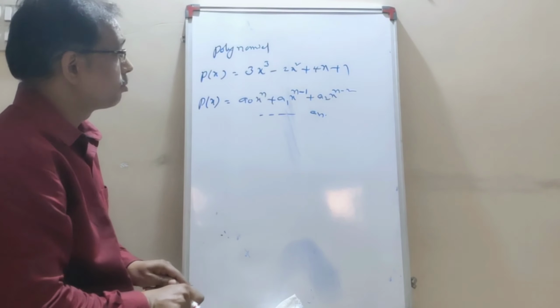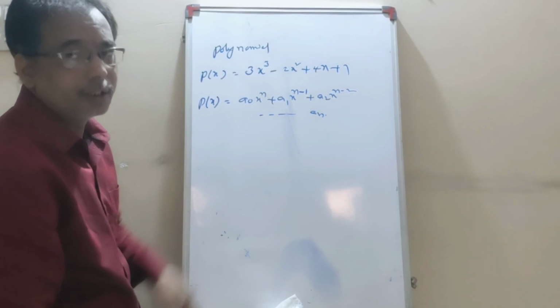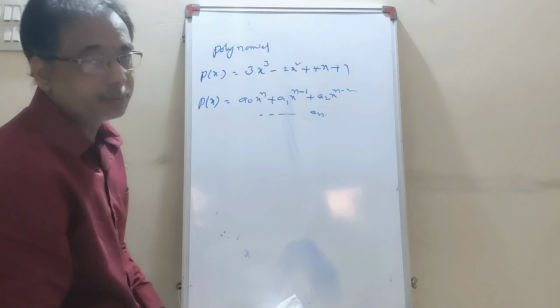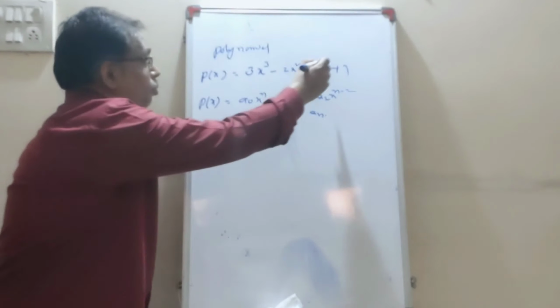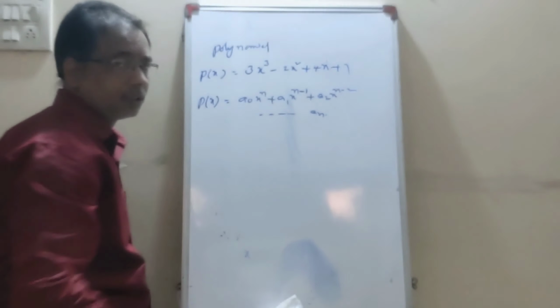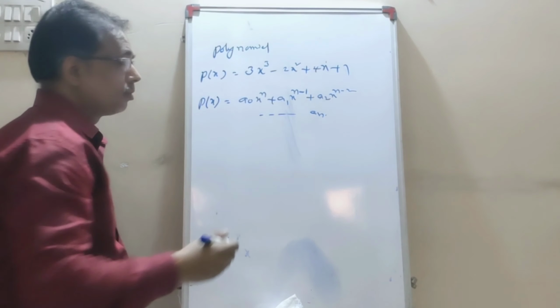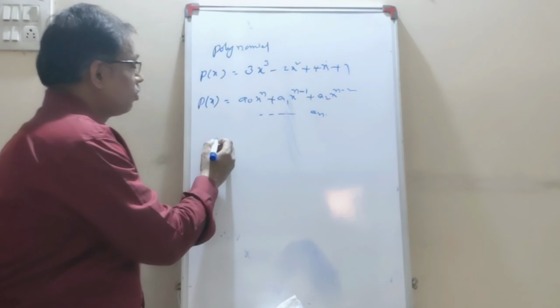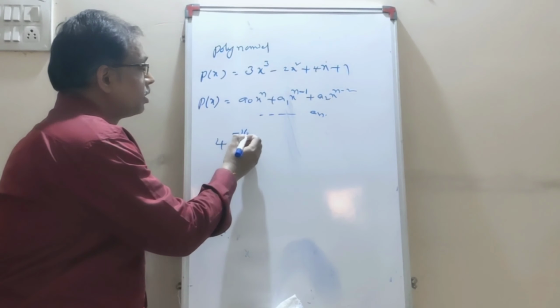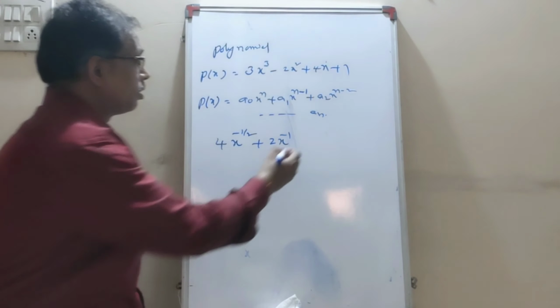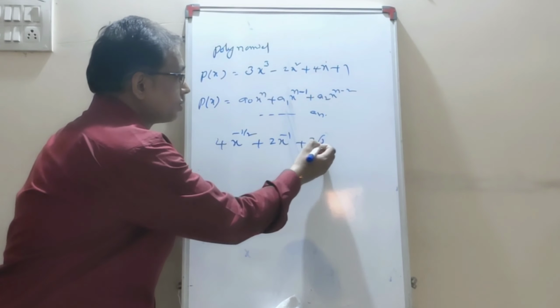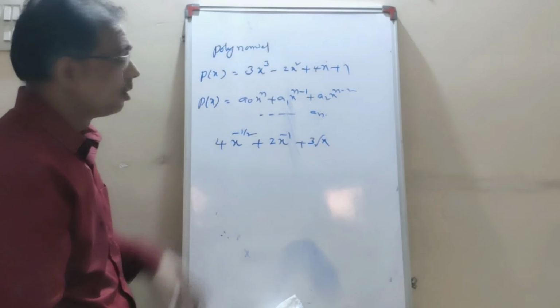So the powers must be what? Non-negative integrals. That means they are always positive integers. Okay. So here 3, 2, 1, these are all what? Positive integers. Okay. Suppose if you have 4x to the power of minus 1 by 2 plus 2x power minus 1 or p root x, like these expressions are not polynomials.